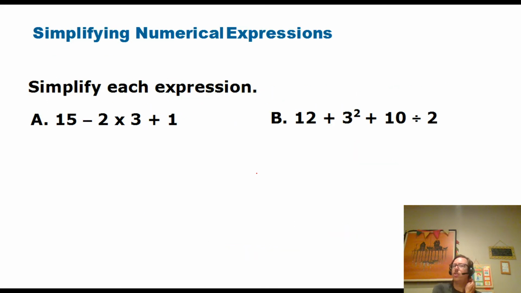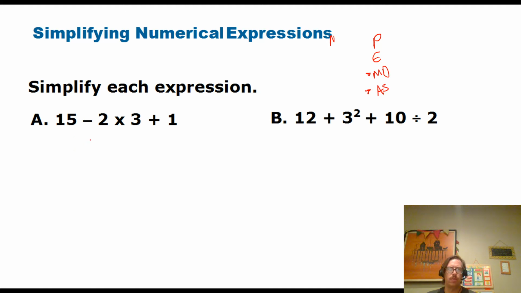All right, so let's start with some basic ones here. Simplify each expression. So you could write PEMDAS up at the top if it helps you. Let me just find my cursor here, PEMDAS. And remember, M goes with D, A goes with S. So here in this case, I see no grouping symbol, so you wouldn't start there.